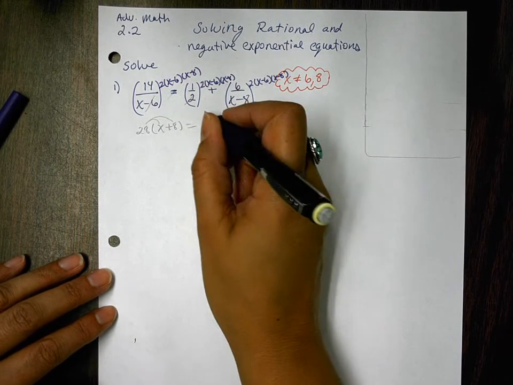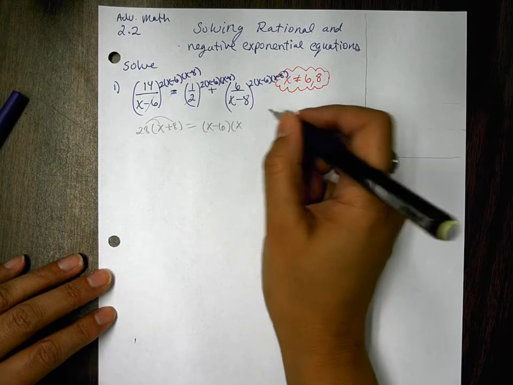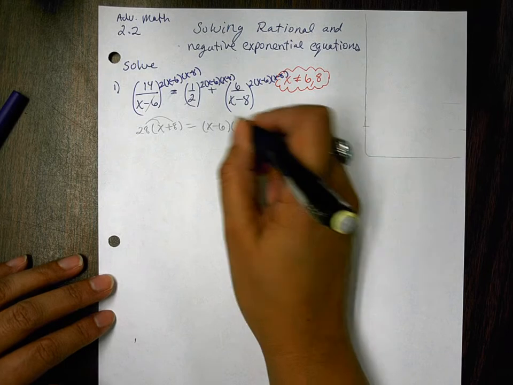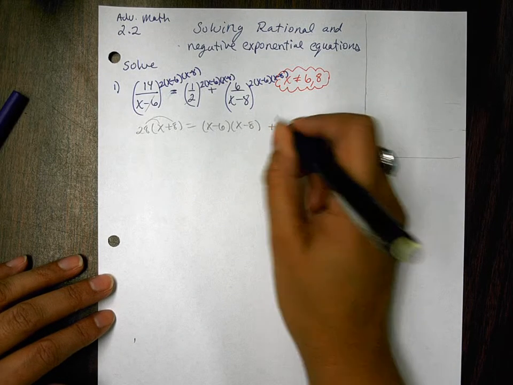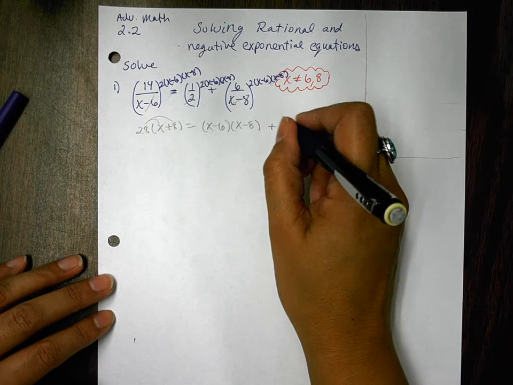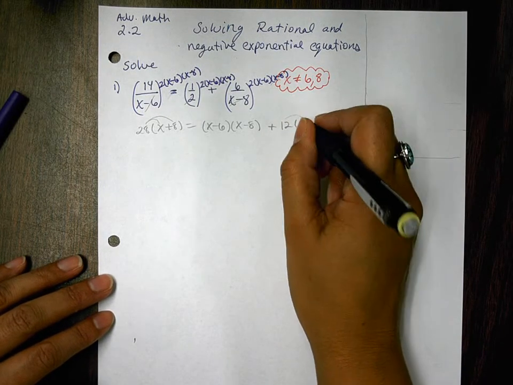Equals, the 2 reduces, and you have x minus 6 times x minus 8, and I'll distribute that on my next step. Plus, x minus 8 reduces, and 6 times 2 is 12, times x minus 6, and again I'll distribute that on my next step.